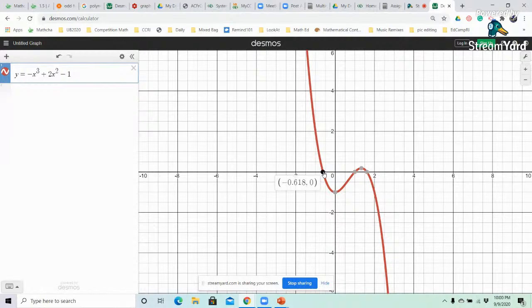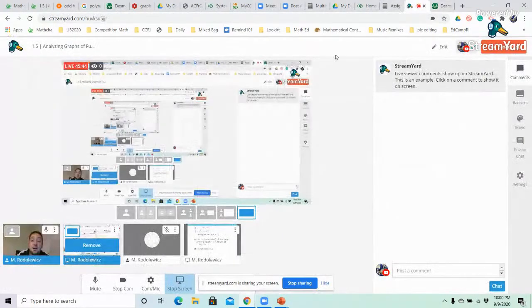You should recognize here that the zeros graphically are your x-intercepts. That's literally why I put this on the graph. I wanted you to recognize that we, in previous videos, showed how to find the zeros algebraically, but graphically, you can find the zeros by looking for the x-intercepts.